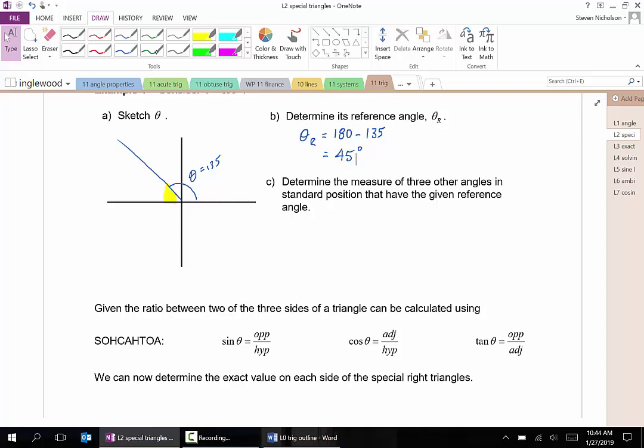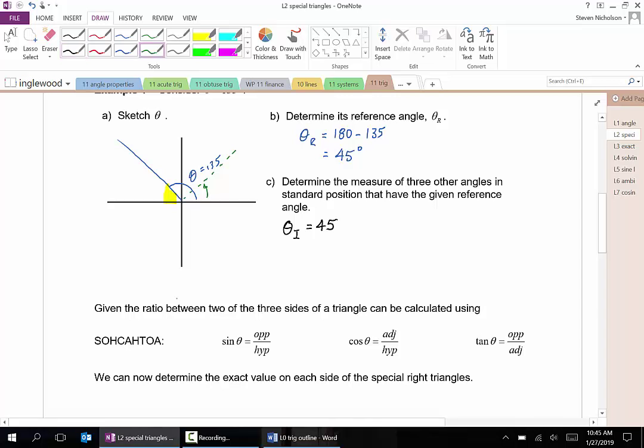So if our reference angle is 45 degrees, in the first quadrant, here would be our theta r. So in quadrant number 1, I'm just going to label it like this. Theta, again, our angle in standard position, in quadrant number 1 would equal 45 degrees. So the reference angle equals the angle in standard position, and that's what we saw last day.